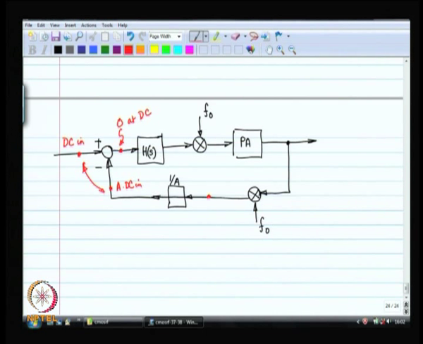That means, I am sorry, that means that the output of the feedback mixer is equal to A times the desired output.